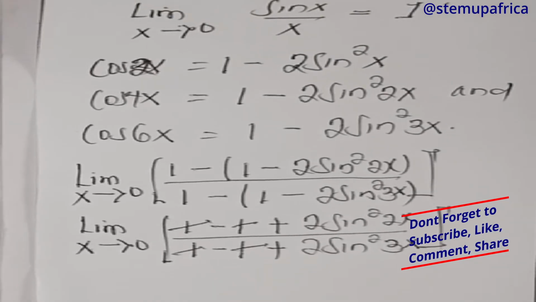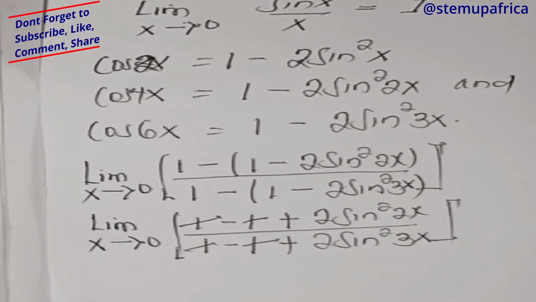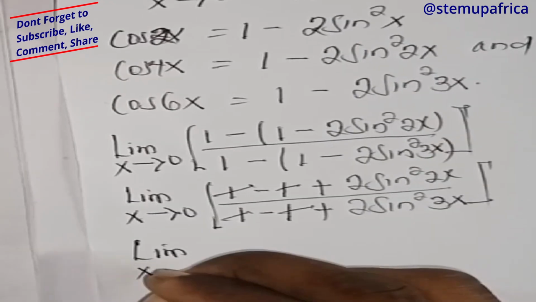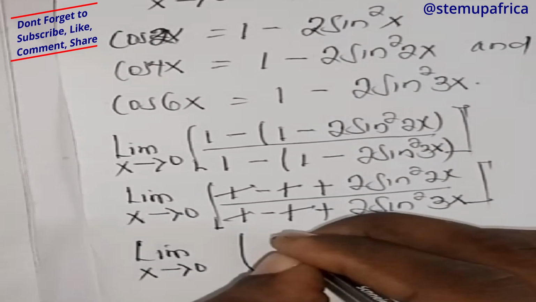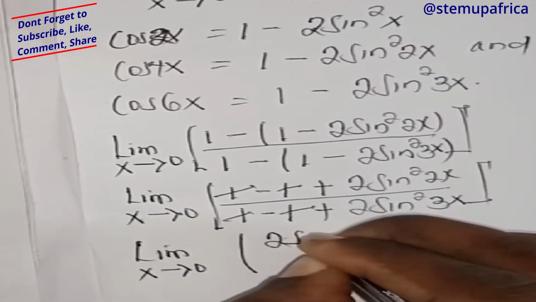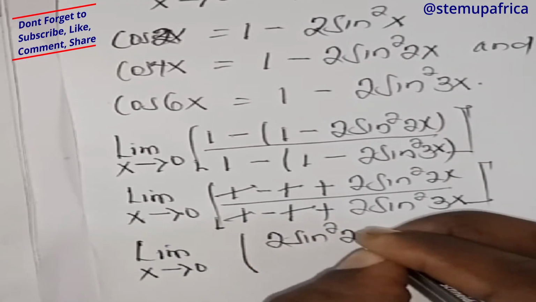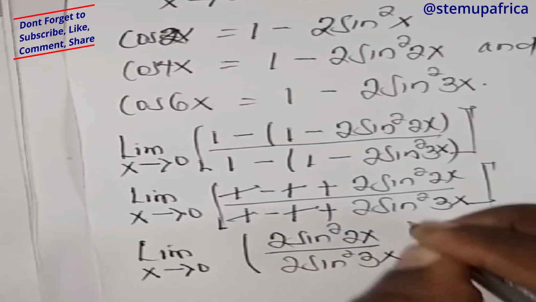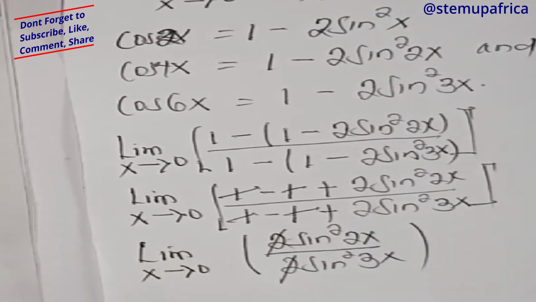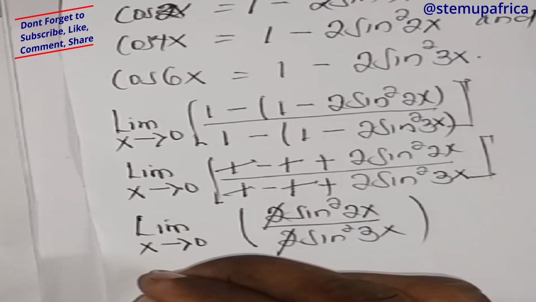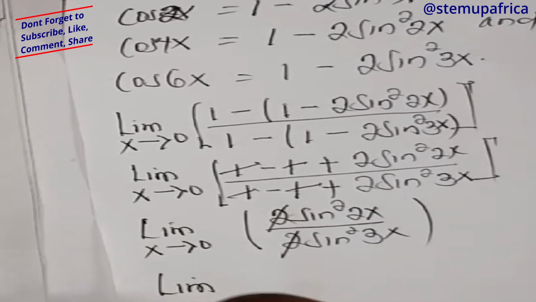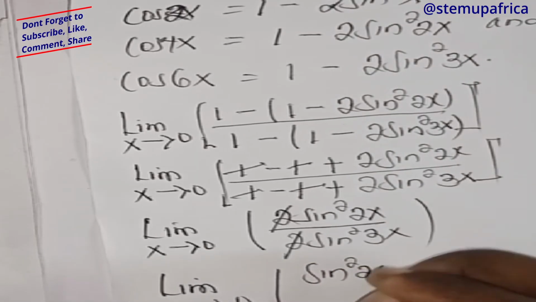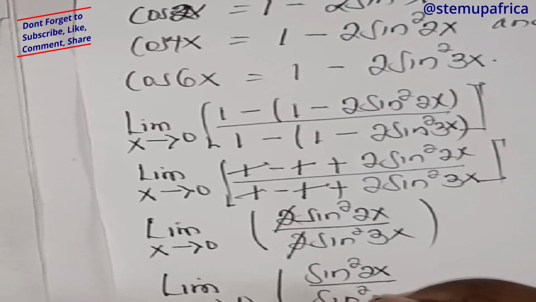What are we left with? We are left with lim x tends to 0 of 2 sine square 2x over 2 sine square 3x. So 2 can cancel 2. We are left with lim x tends to 0 of sine square 2x over sine square 3x.